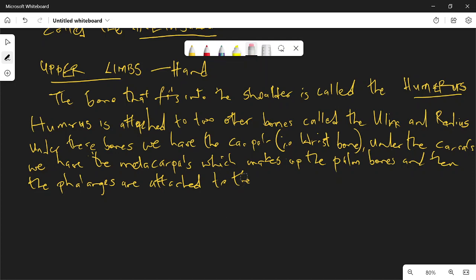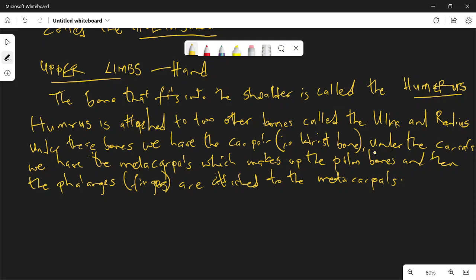The phalanges, that is the fingers, are attached to the metacarpals. So that is what happens in the upper limb.